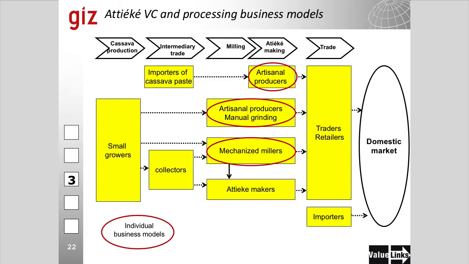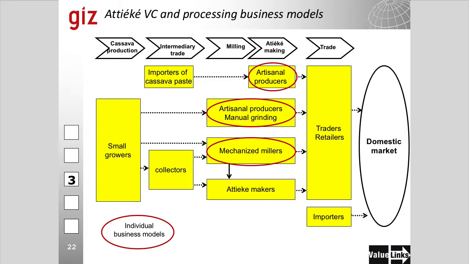And then as that domestic market has been growing, instead of importing at relatively high prices, there was the idea to import just the milled roots, the paste, that's called paste. So there are importers of cassava paste, and if you import cassava paste, you don't have to mill.